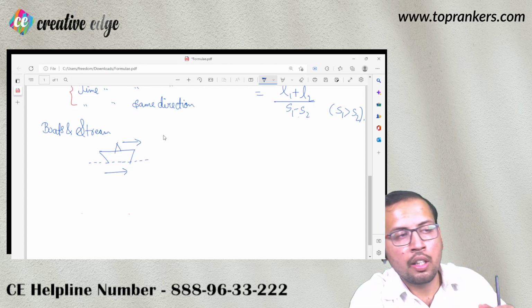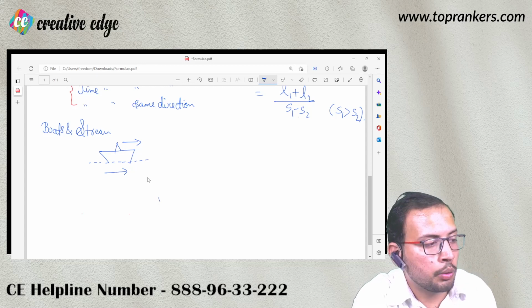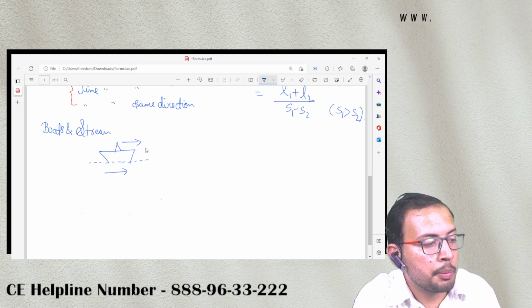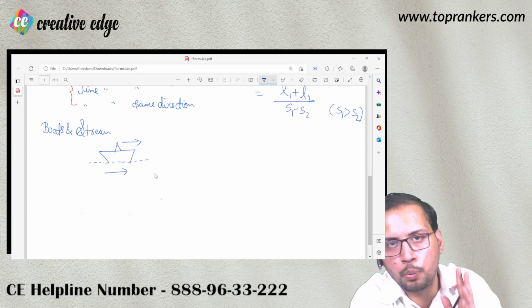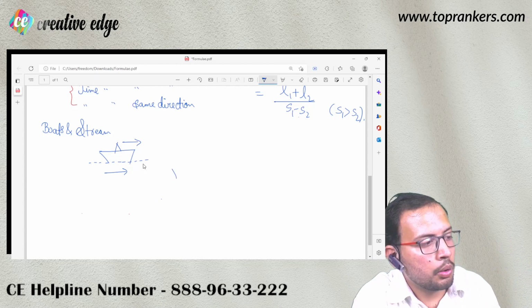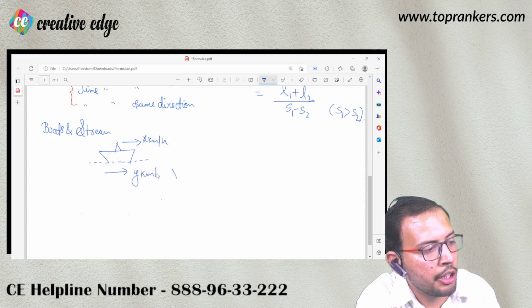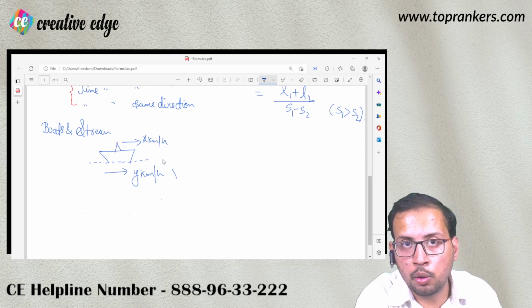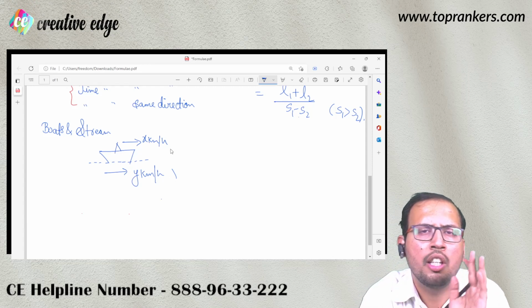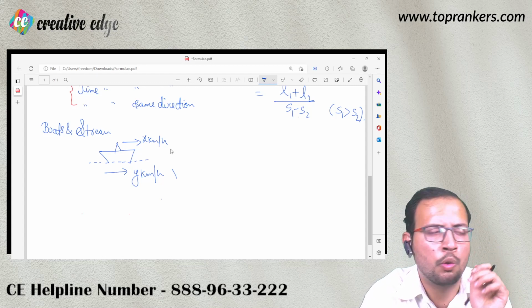That means your net force or net speed is going to be calculated by speed of boat plus speed of stream, because the stream is also going to push you, right? So let us say speed of boat is x kilometer per hour and speed of stream is y kilometer per hour. These are the general denotation that a lot of authors use in their books. Some of them also use u and v, but do not get confused. X and y will also work.